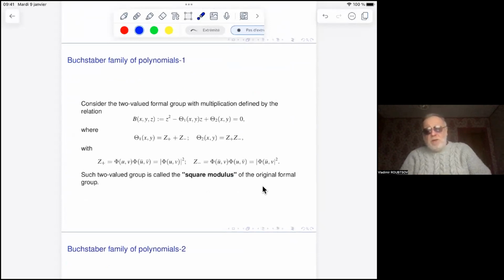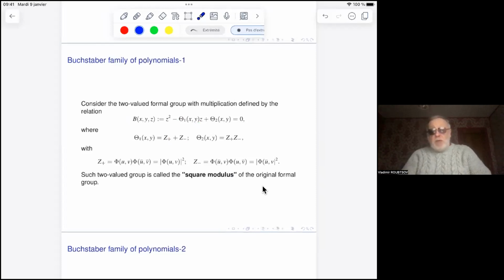Of course, from general knowledge, because we suppose now that the coefficients of this function are series, so it is a function in series. So this θ1 and θ2 can be imagined as the sum and product of some series z plus and z minus, which are considered as root series for this quadratic equation.